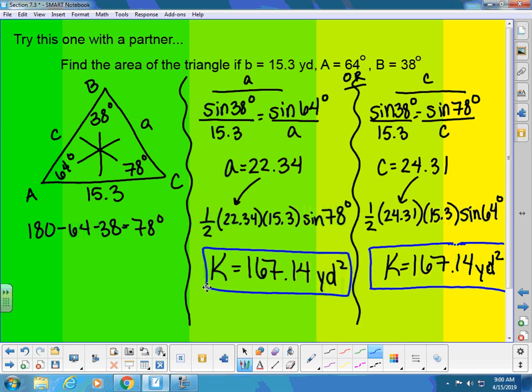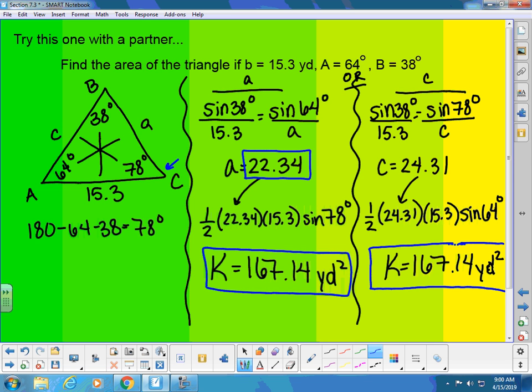So first thing I did, no matter what side you chose to solve for, everybody should have hopefully got that third angle of 78 degrees. And then from there, you either solved for side A or side C. If you solve for side A using law of sines, you get approximately 22.34, and then you use this corner of the triangle for your side angle side.